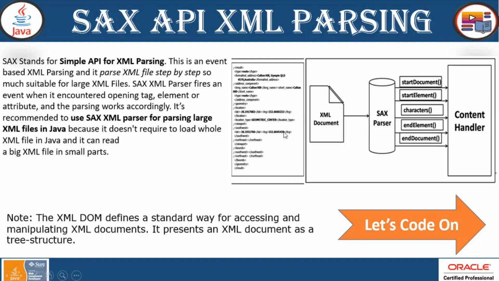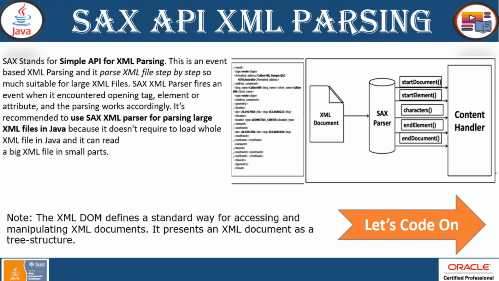To understand it better, this is the best way to understand how an XML document is going to be parsed using the SAX API, in steps. First, it will start loading the document. Then inside the document, it will start loading the element and then characters, and then it will see the end element and the end document.